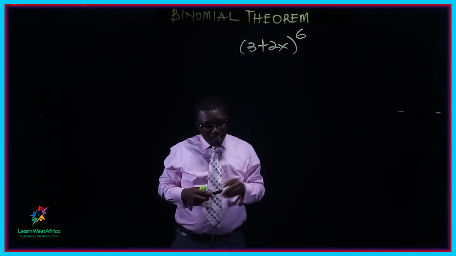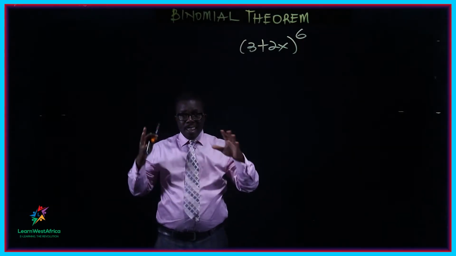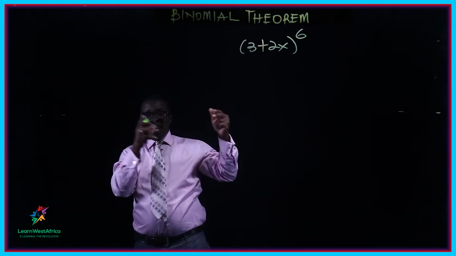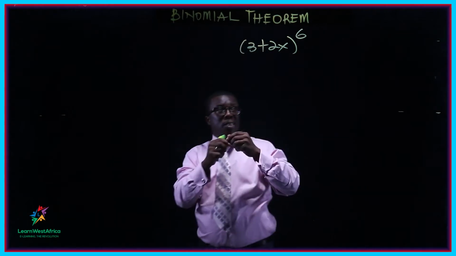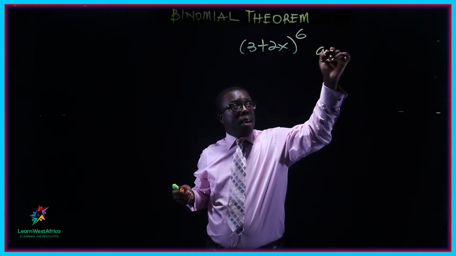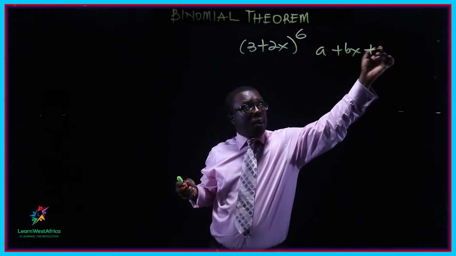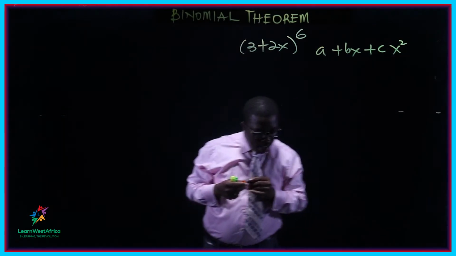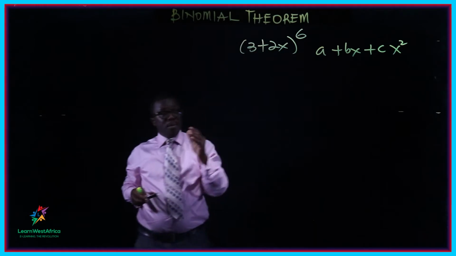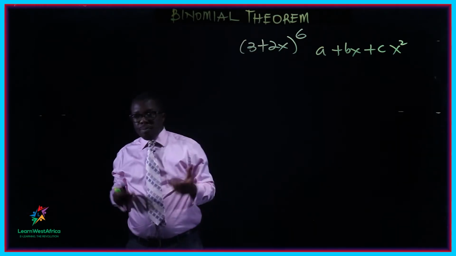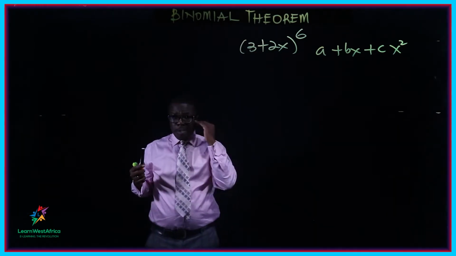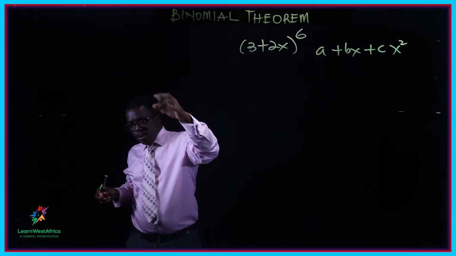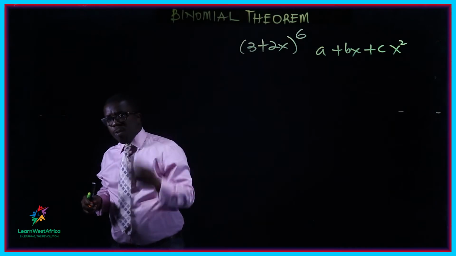And the problem is telling us that the first 3 terms should be of the form a plus bx plus cx squared. And we are told that we want to clearly state the values of a, b, and c. Usually in the exam, just try and take that to the back of your mind, that you always have situations where you have some letters algebra popping up in there and you have to work with them.